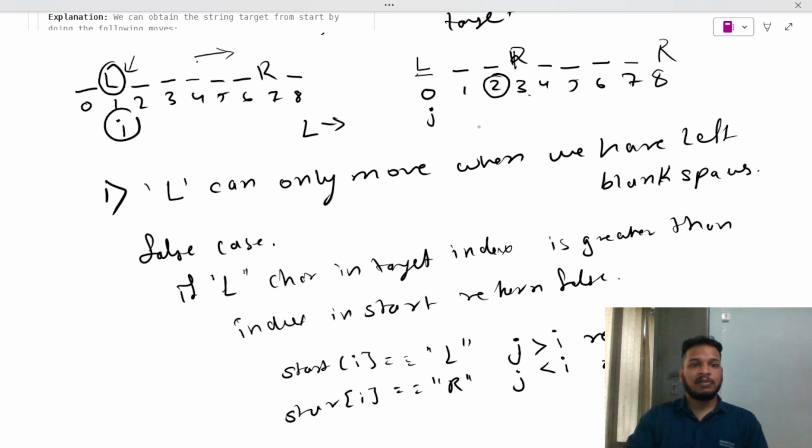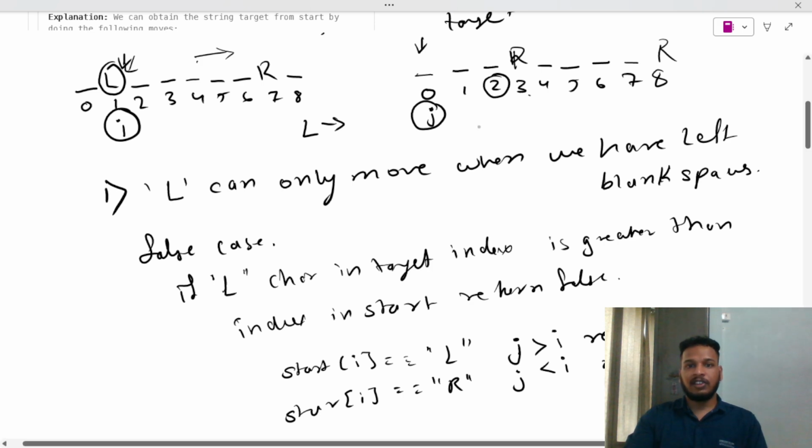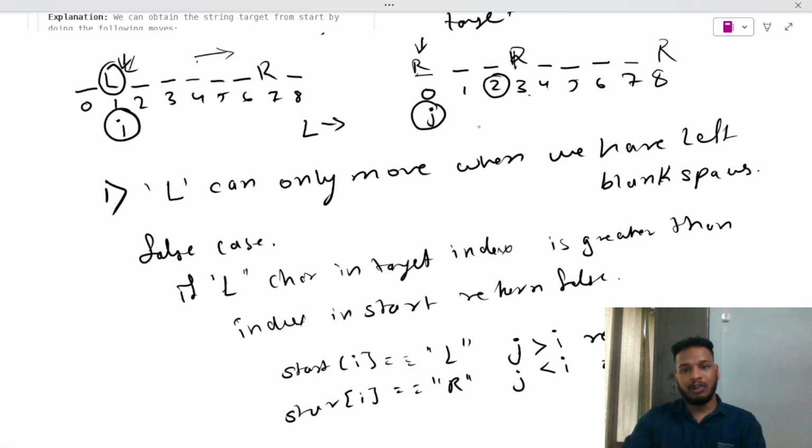Now if I is over here and J is over here, and both characters are equal, that means we can move forward. But in case if instead of this it is R, will this be equal? No, it is not. At that time it should be false.